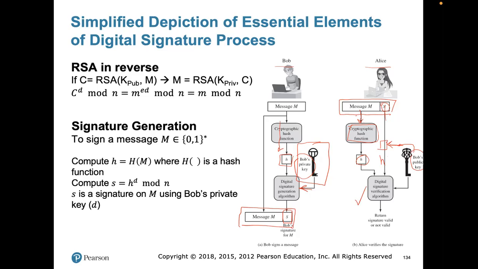Because if any of these bits has been changed or tampered with by some attacker during the transmission, so you have a 0, for example, here, and the attacker changed it to 1, or you had a 1 here and the attacker changed it to 0, in that case, the hash will be something else, and the decrypted part of the hash will be something else, and then they don't match. So this is how digital signature works.